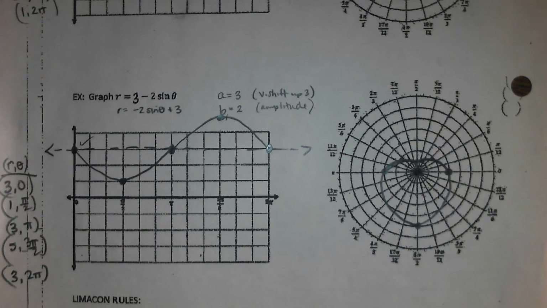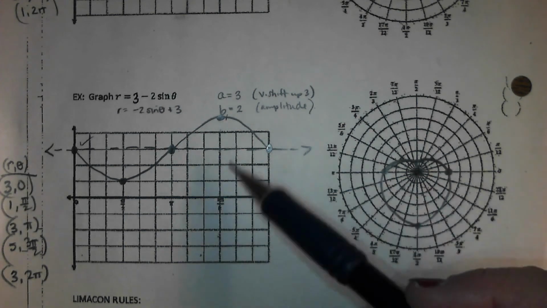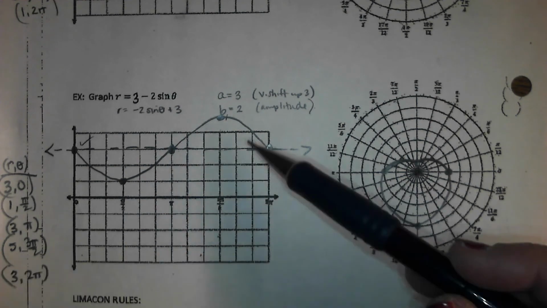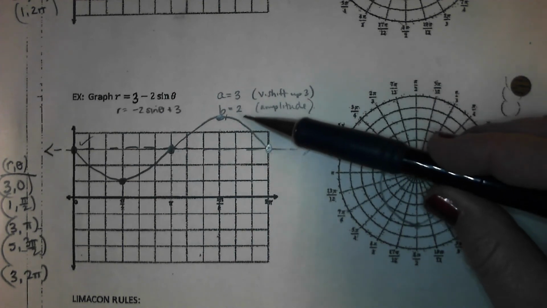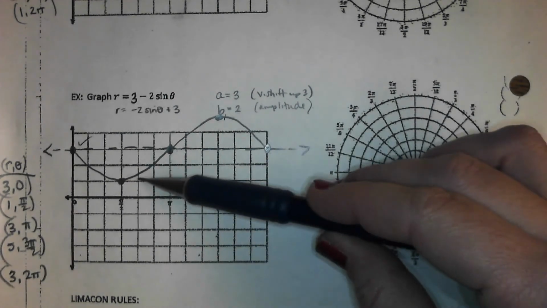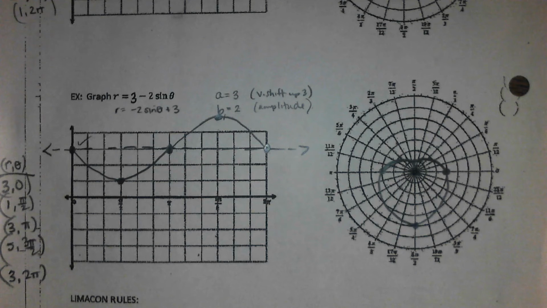This almost looks like a dimple as well. A little less circular than our other dimple was, though. And that's just because with such a big shift, your maximum is such a different magnitude of 5 than your minimum, which just has a magnitude of 1.